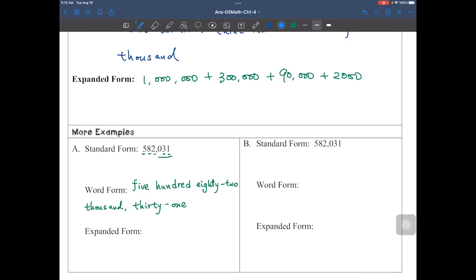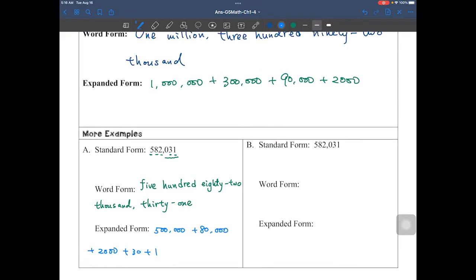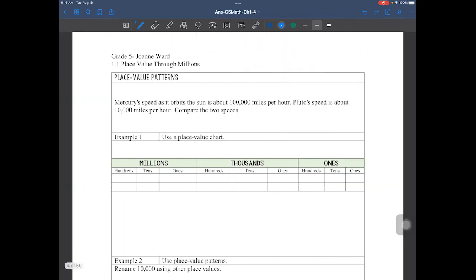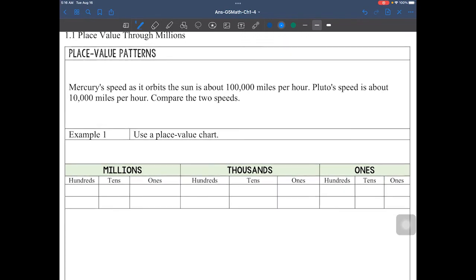The expanded form is 500,000 plus 80,000 plus 2,000 plus 30 plus 1. The other example is about place value patterns. Place value patterns is how we place value in the place value chart. We want to know what number it is.